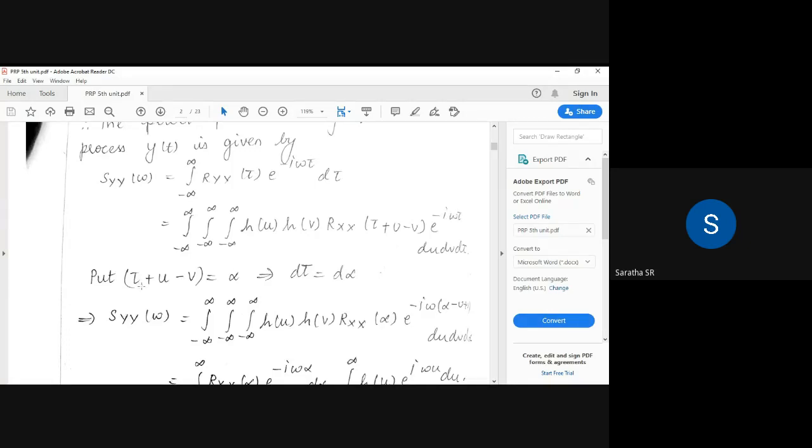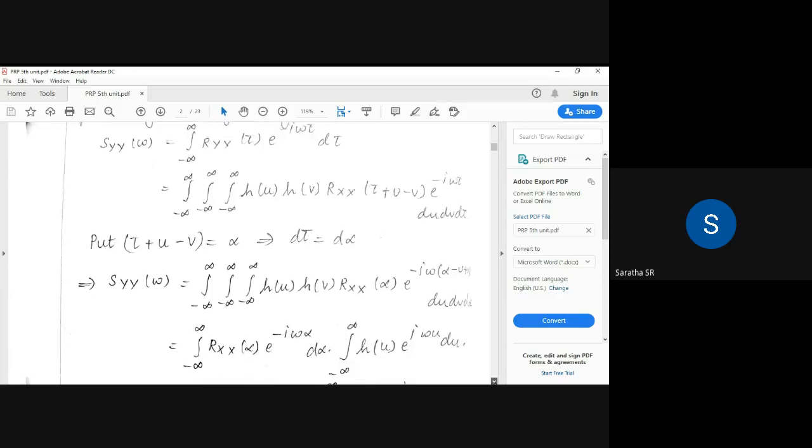Tau we take from this assumption: tau is equal to alpha minus u plus v. So we replace tau with alpha minus u plus v, then write du dv, and d tau can be written as d alpha.